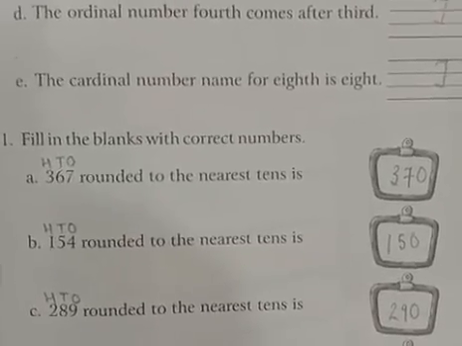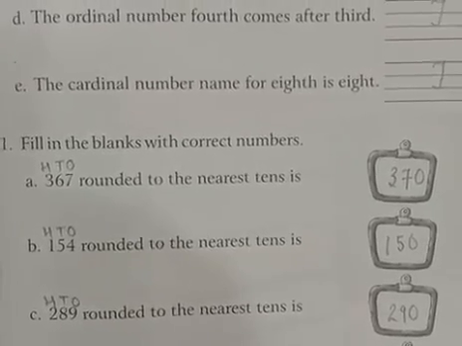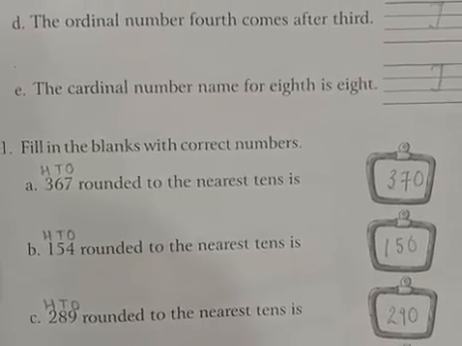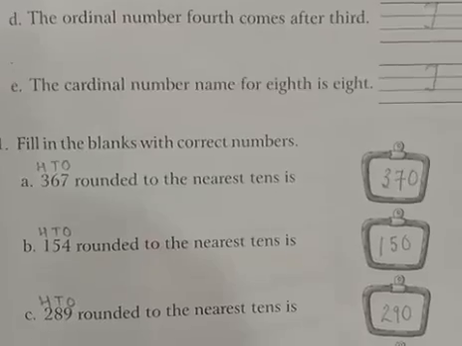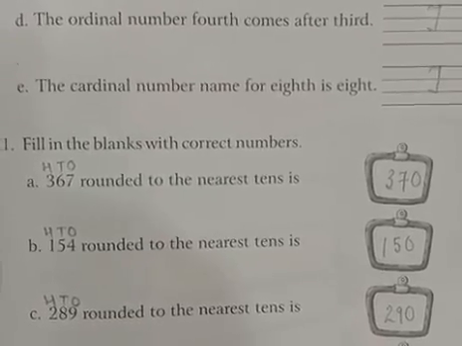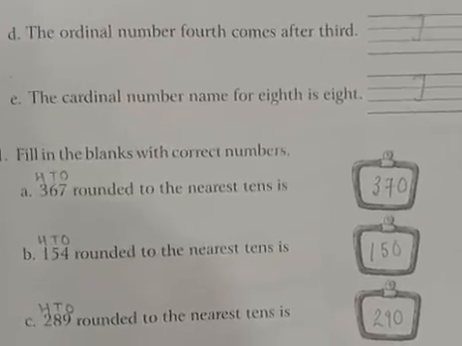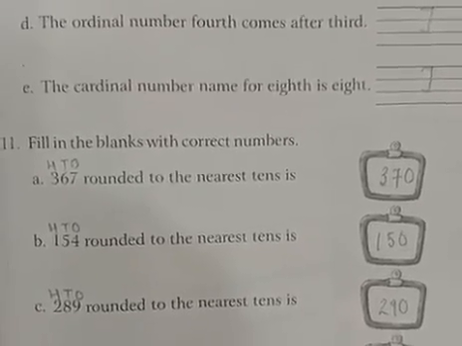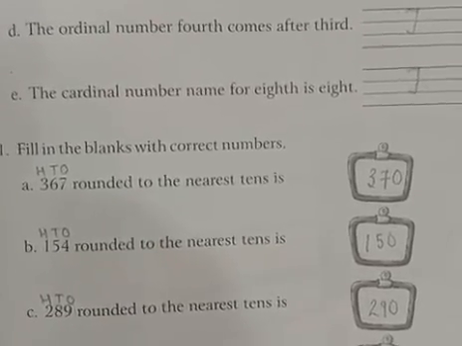Now see, in 154 we have 4 at the ones place, है ना? 4 5 से छोटा है. So what we will do? We will not add 1 to the digit at the tens place. हम 5 में 1 ऐड नहीं करेंगे, बस 4 की जगह पे 0 लिख देंगे at ones place. So 154 will become 150.